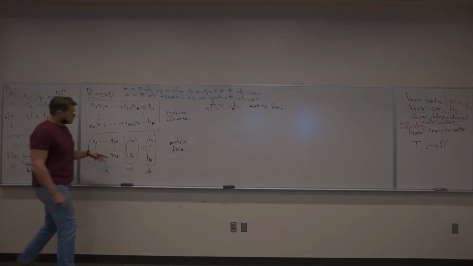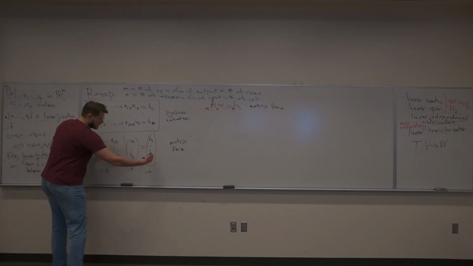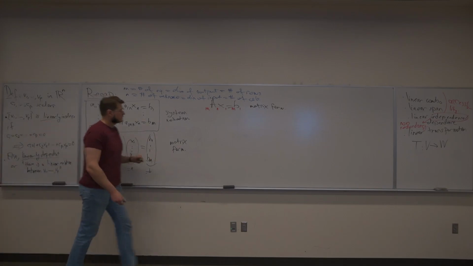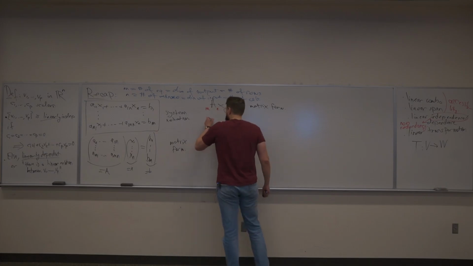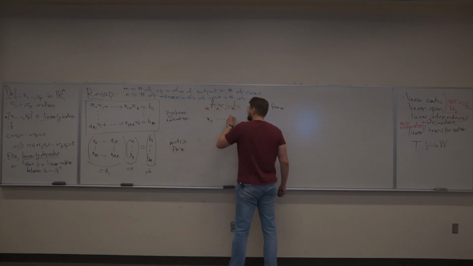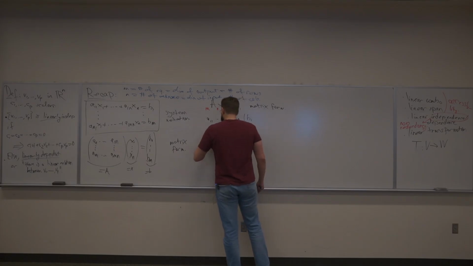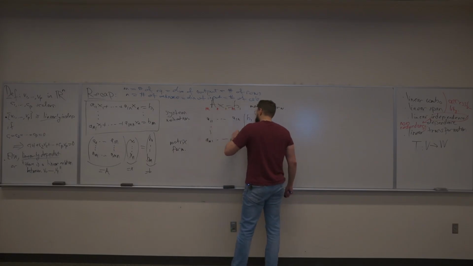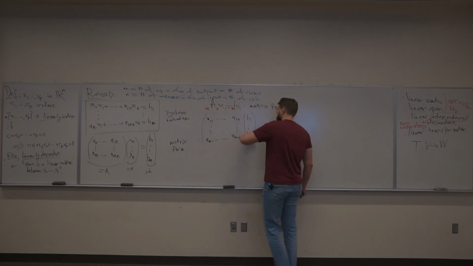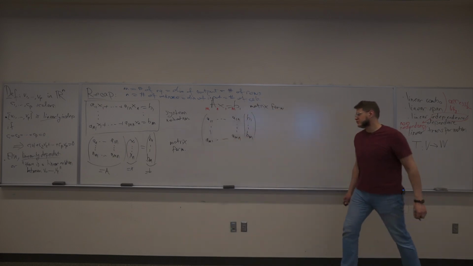What did we do there? Well, we basically got rid of this middle part and collapsed these two parts into one. And so we wrote a11 dot dot dot a1n bar b1 dot dot dot am1 dot dot dot amn like this. And this is the augmented matrix form.